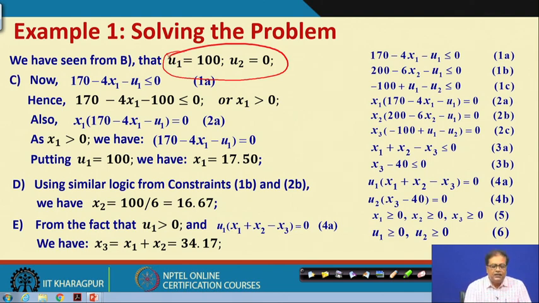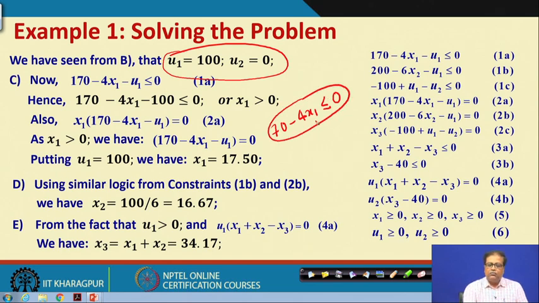Now, if we take this, you see 170 minus 4x1 minus u1 less than equal to 0, if you take u1 equal to 100. So that means 170 minus 4x1 minus 100. This is constraint 1a. What does it mean? It means that 70 minus 4x1 should be less than equal to 0.